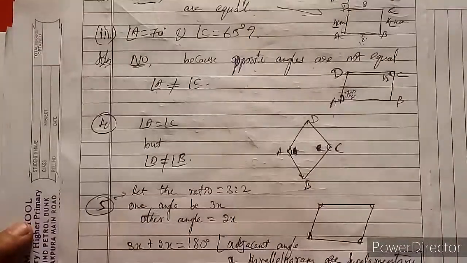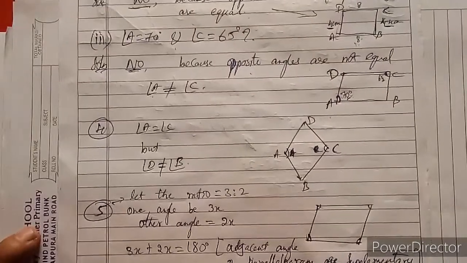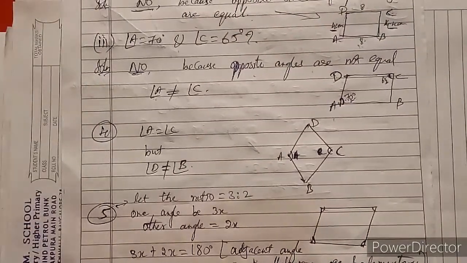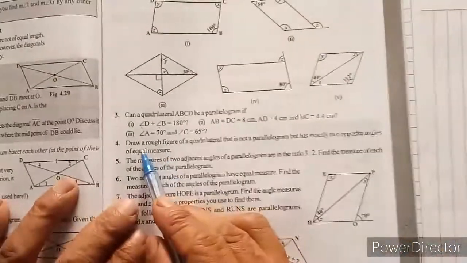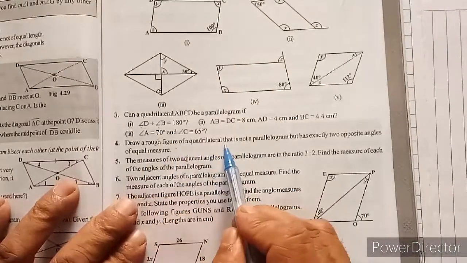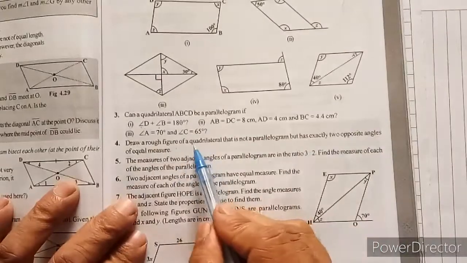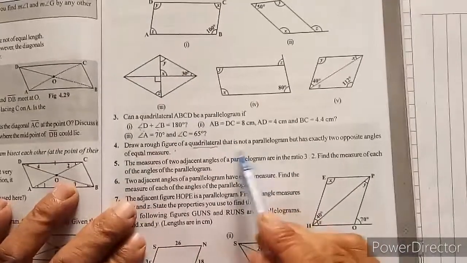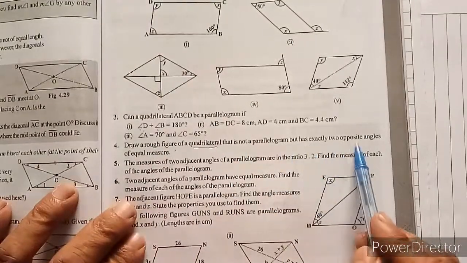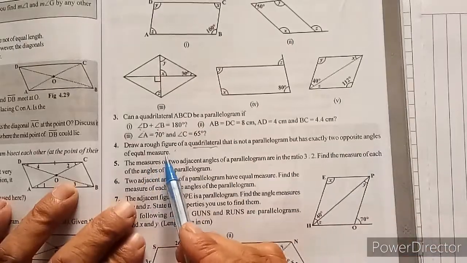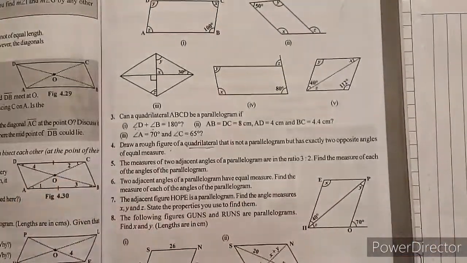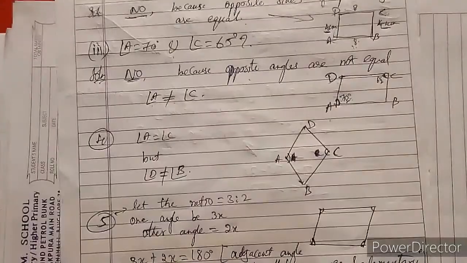Now question number 4. What they have given: draw a rough figure of a quadrilateral that is not a parallelogram but has exactly two opposite angles of equal measure. Opposite angles are equal.